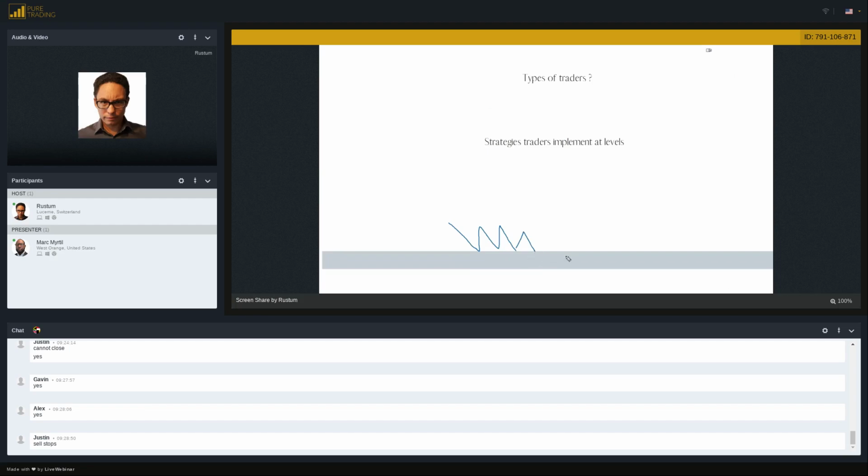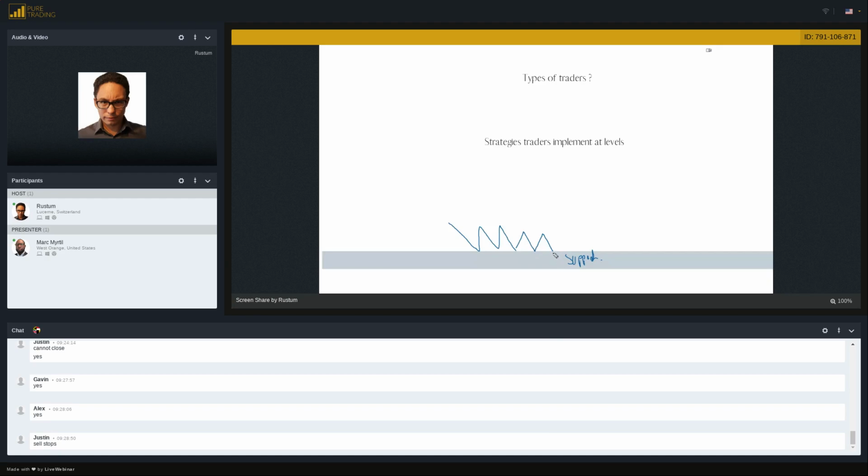This is a support level. The guy who acts here is waiting on the level to be hit, and he acts at this level. He's a level trader. He doesn't care about any confirmation further than prices hitting the level.